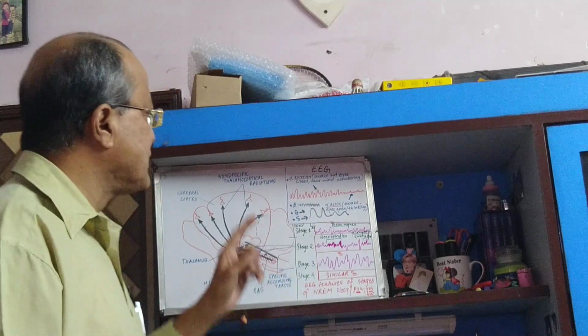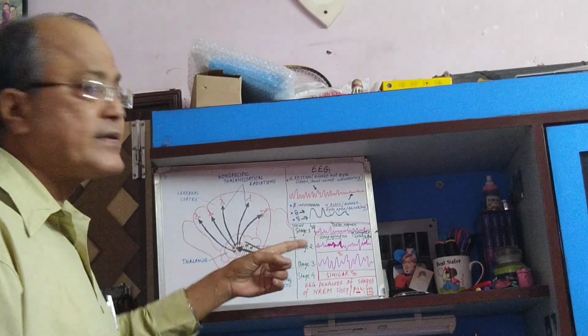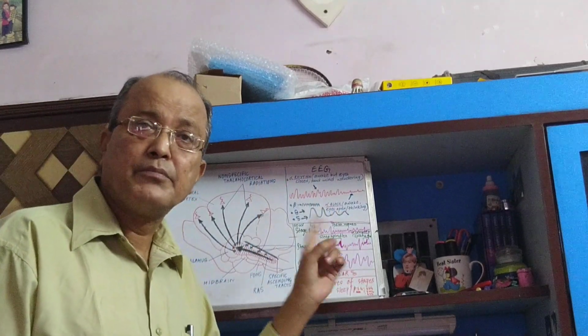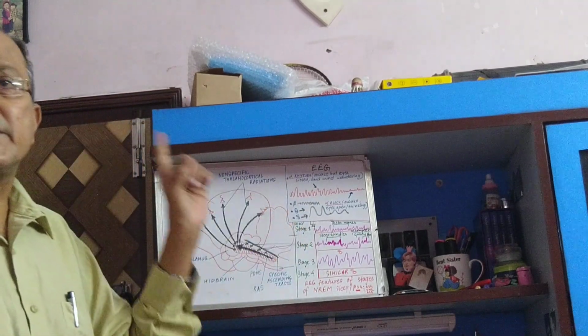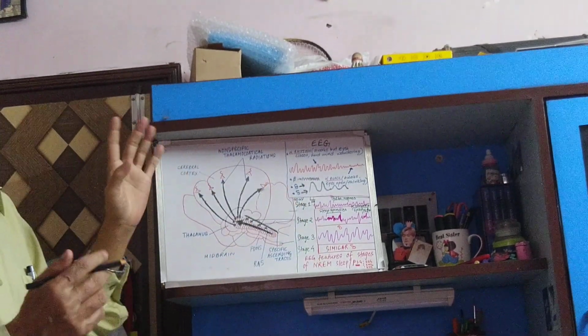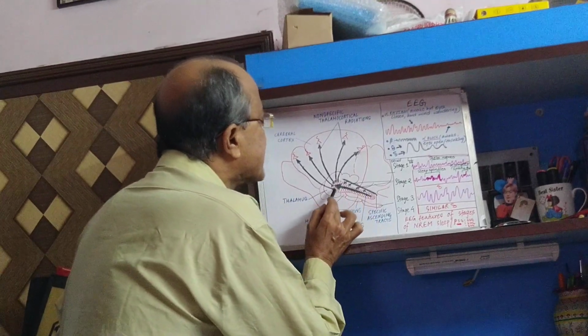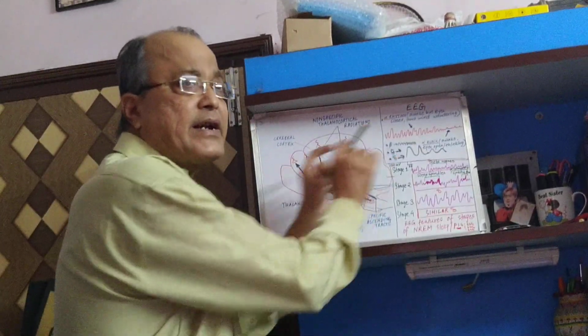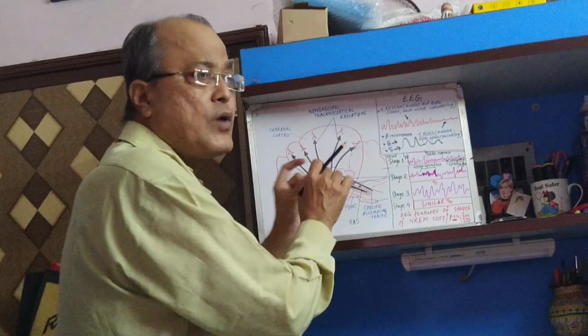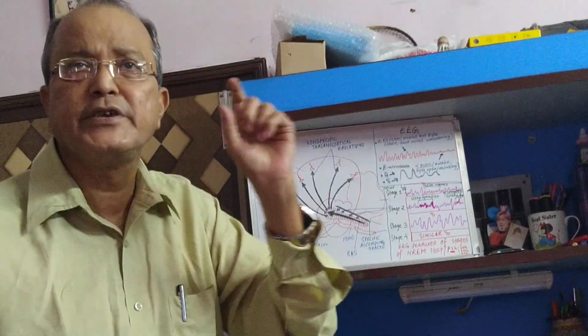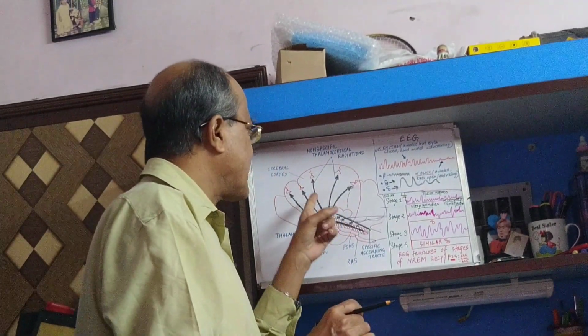It has been seen that for the initiation of NREM sleep, mind that, for the initiation of NREM sleep, the inhibition of the reticular activating system correlates the two things. As I told you earlier, this is a trilogy of neurology where RAS, EEG and sleep play simultaneous roles.